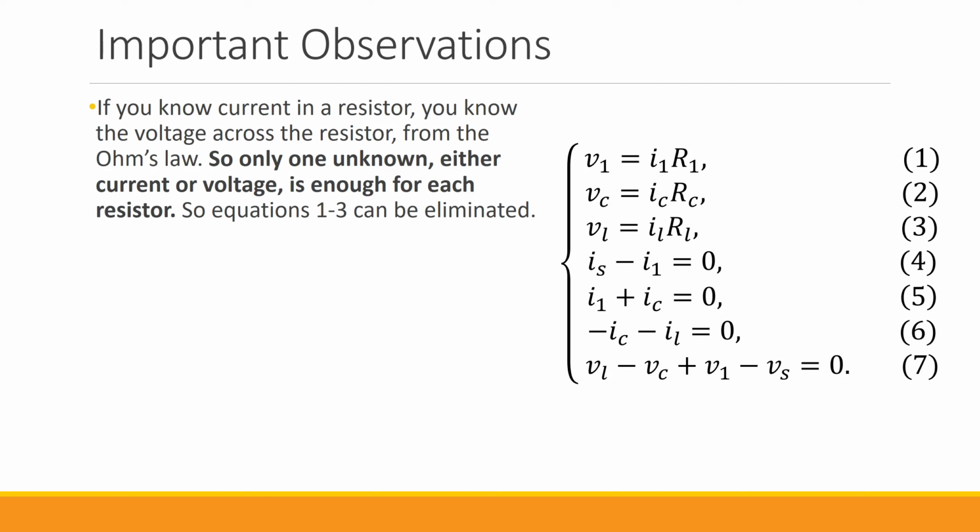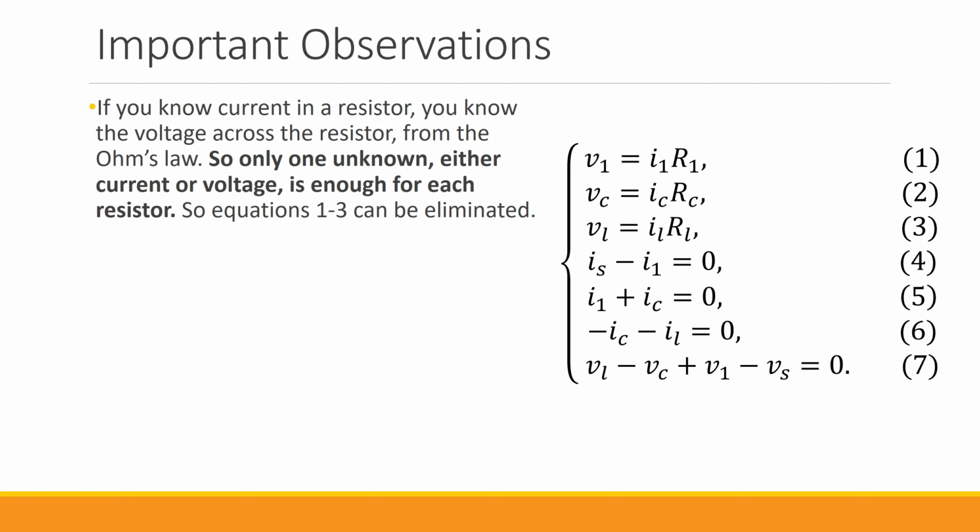And the way to do it is to kind of eliminate some of these equations. So how? For any of these resistors, we know the relationship between their voltage and their current through Ohm's law, right? So that means that if you know the current in a resistor, you know the voltage across the resistor too from Ohm's law, just by doing a simple multiplication.